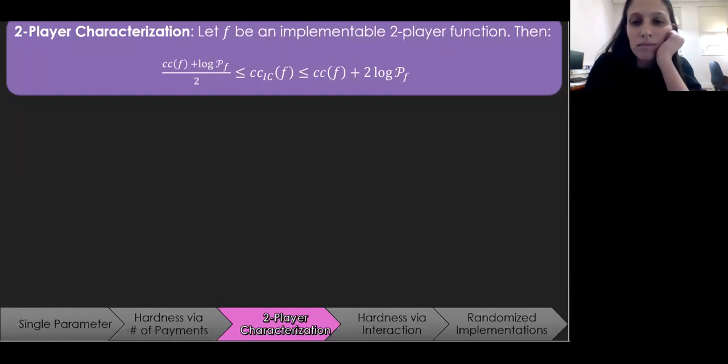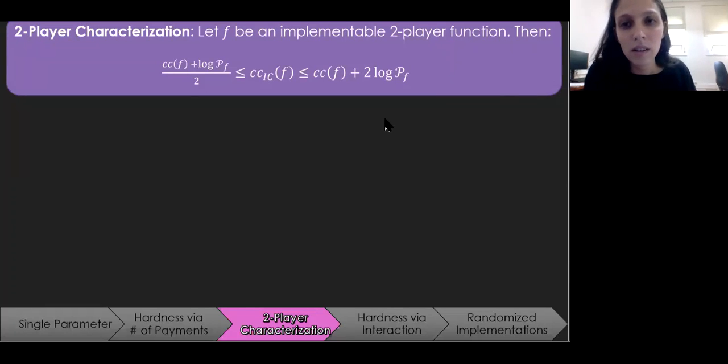I'm sorry, you say a lot of payments, and I think I've missed a step. When you say lots of payments, does it mean lots of different payment functions? When I said a lot of payments, I meant that the number of payments was exponential in k, and because of that, we showed a lower bound of k for the payment computation, and therefore we managed to create the gap.